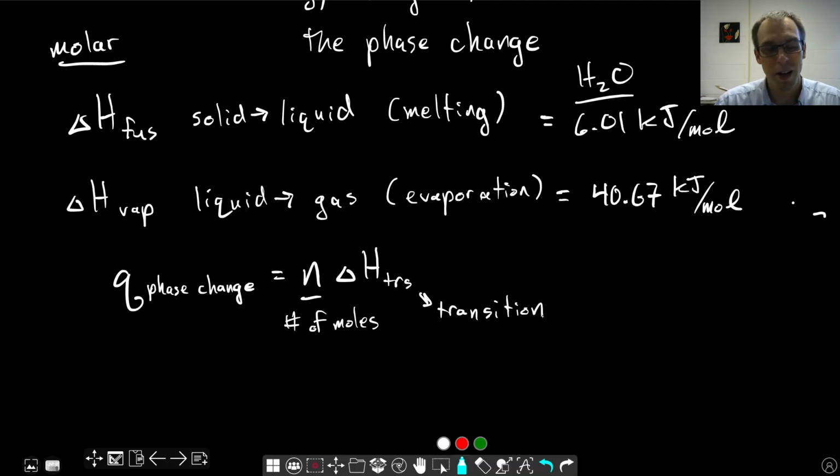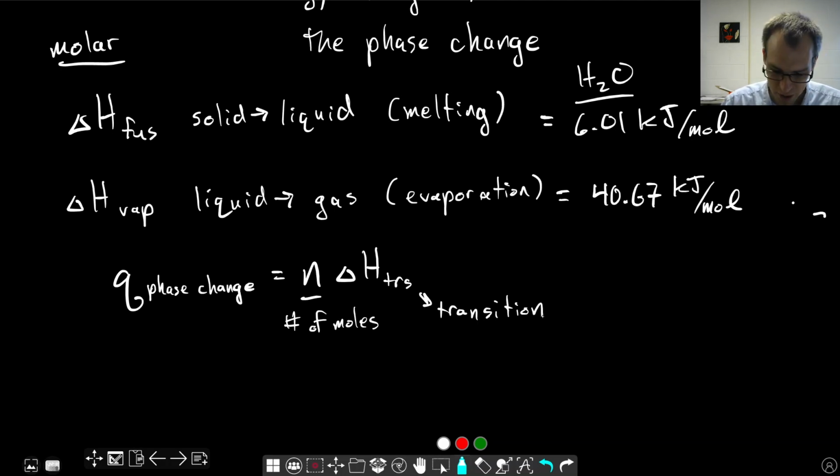One thing to remember and to be aware of is that, in this case we're thinking about things being heated up. So these enthalpies, these are all endothermic, these will be positive. You can also think about doing the opposite. You could take a gas and condense it, or liquid and freeze it. Those are going to be exothermic processes, and you just change the sign on the enthalpy of fusion or vaporization to get the enthalpies for those.